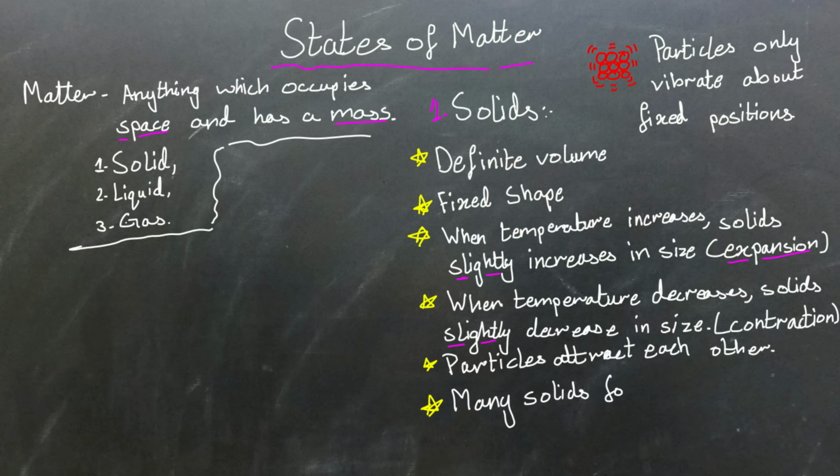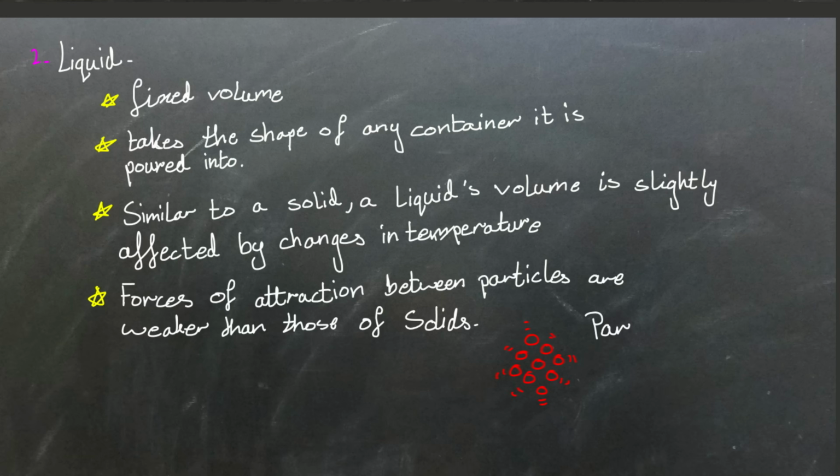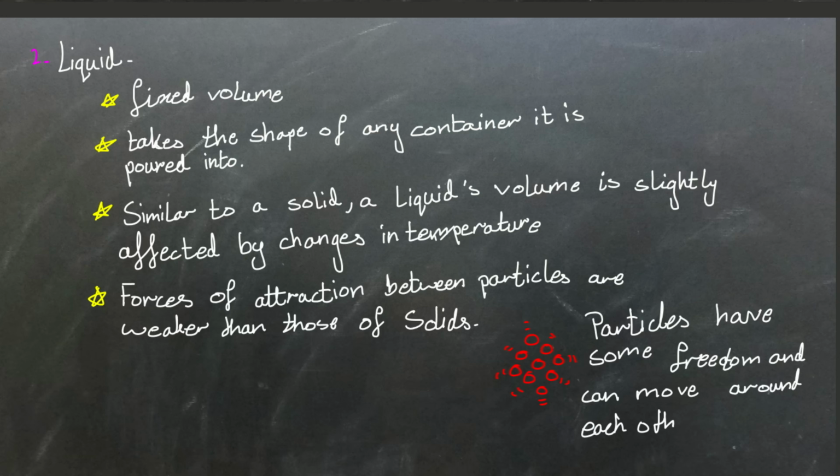The forces of attraction between particles are weaker than in solids, giving particles the freedom to move around each other while frequently colliding. In a liquid, particles are still close together but move in random directions.